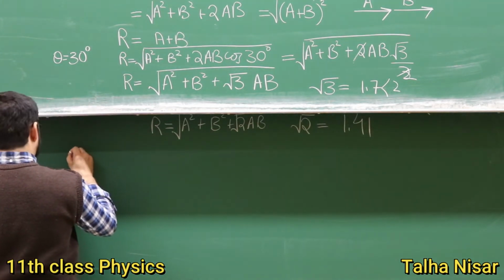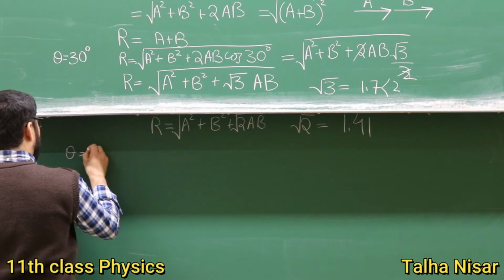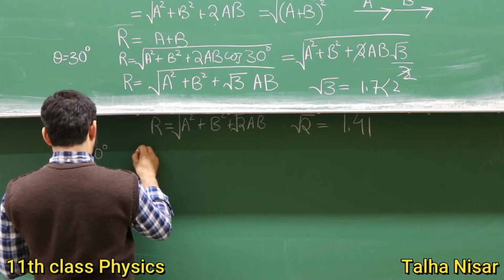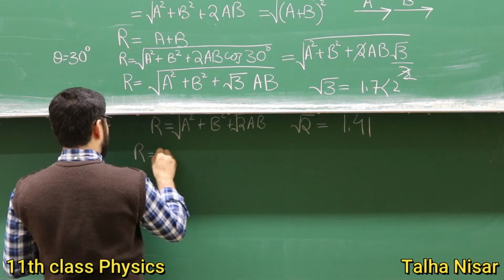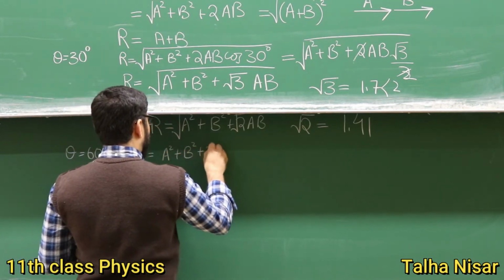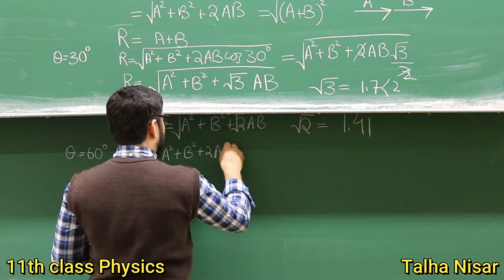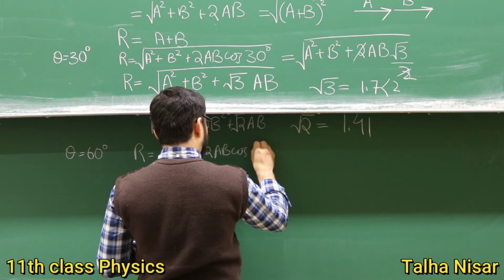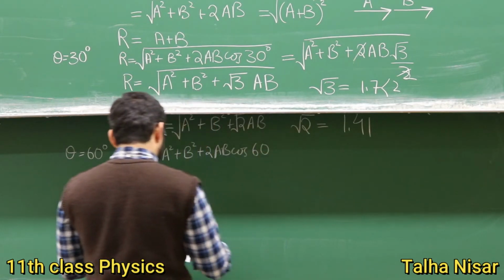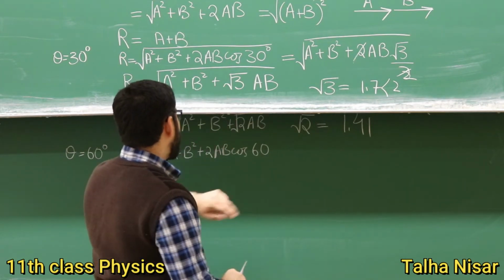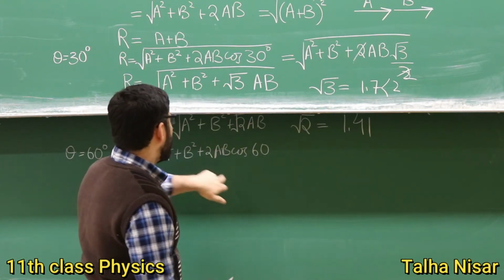So now we try 60 degrees. So a squared plus b squared plus 2ab cos 60. The cos of 60 is 1 by 2, so the 2 cancels.